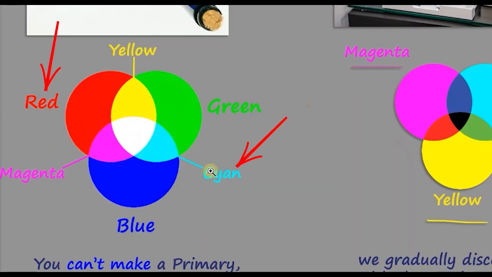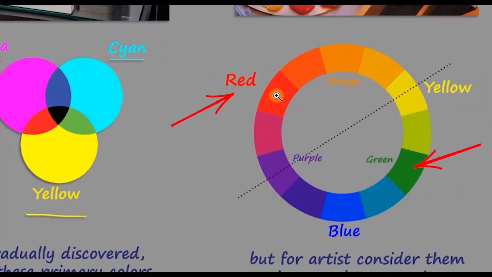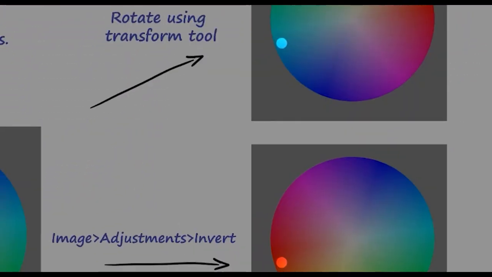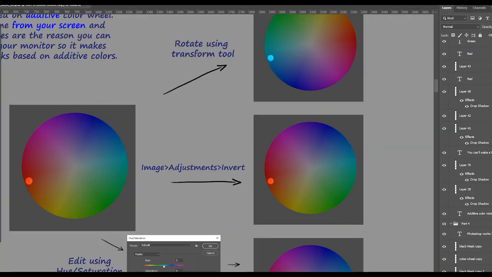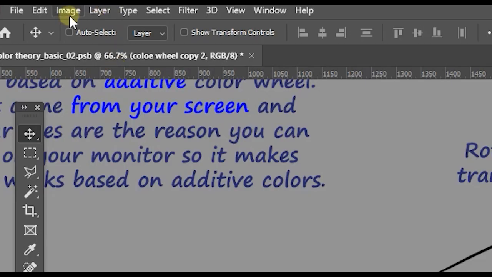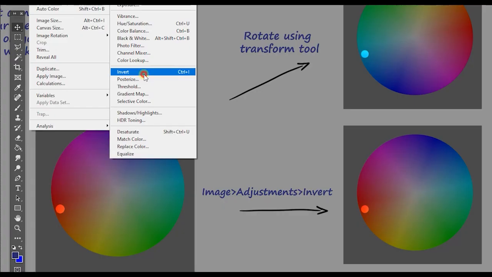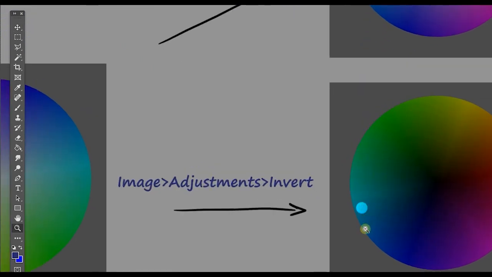Red is in front of cyan in additive color, but in front of red is green in subtractive color. Again, if I select this layer, and come here, Image, Adjustment, and Invert, if I invert this color wheel, I will again see cyan, not green.